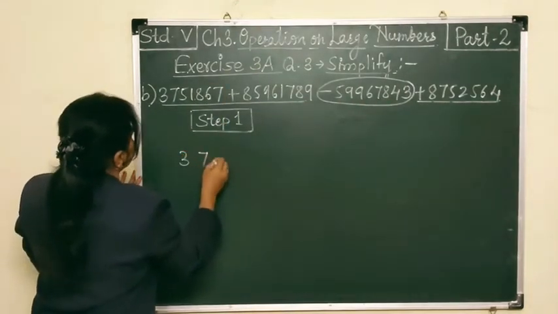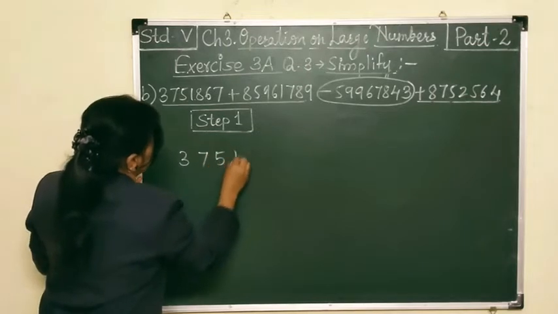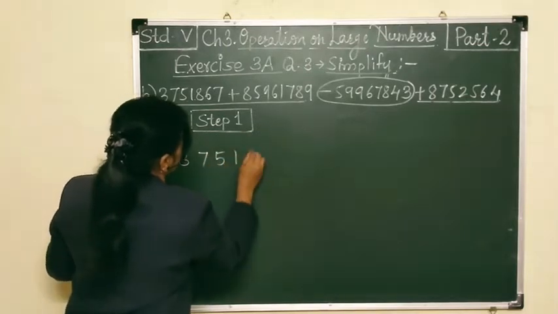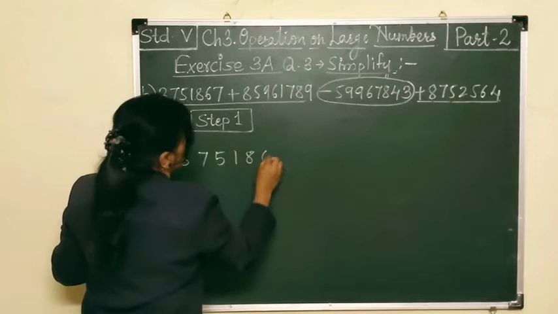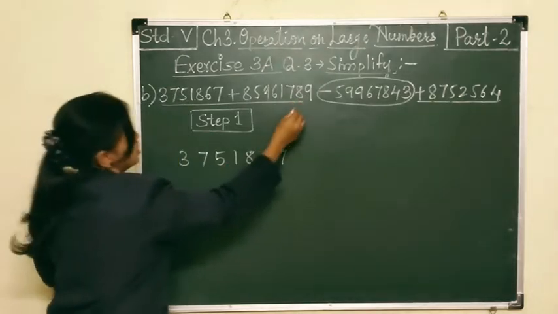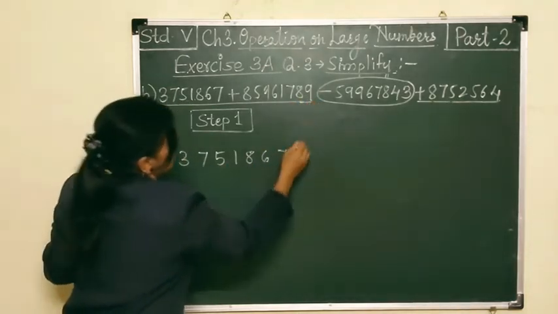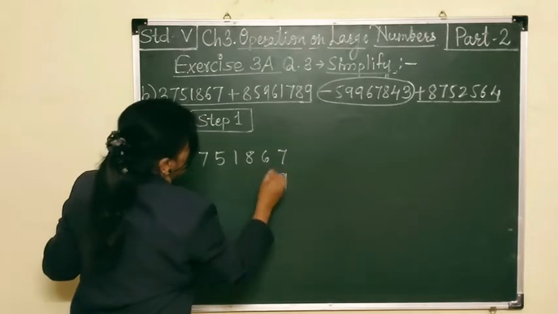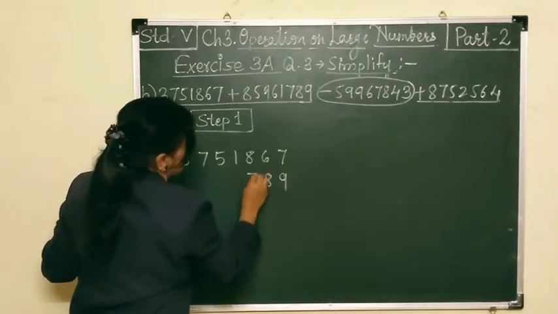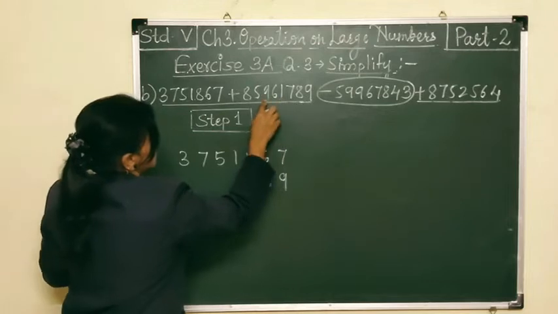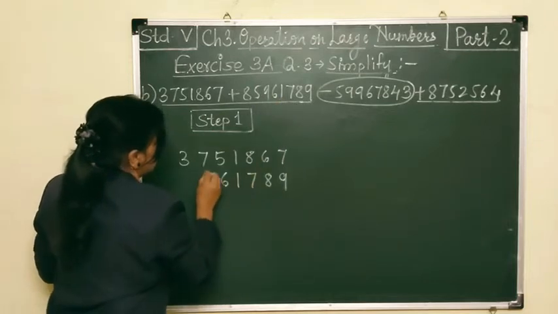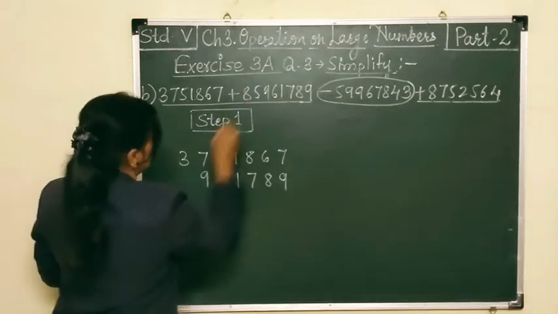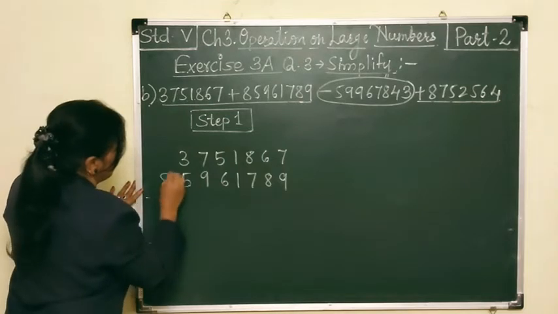3, 7, 5, 1, 8, 6, 7. And now you check. This is 8-digit number. So I will write it from extreme right side. 9, 8, 7, 1, 6, 9. This is 1, 6, 9. And this 5, 8. 5 and 8.